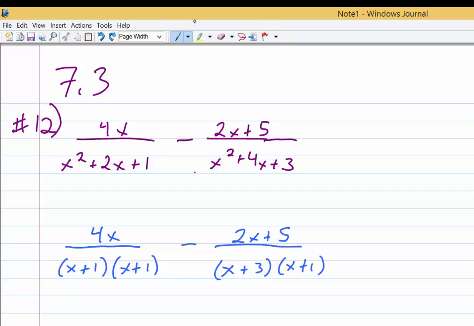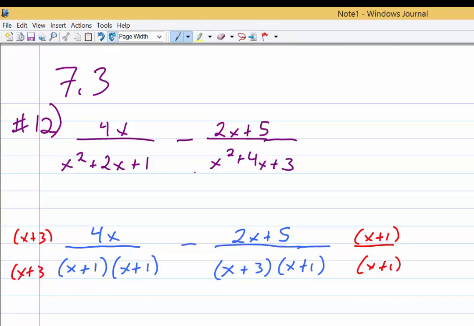So I need to multiply by a form of 1 to get a common denominator. On the right side, I'm going to multiply by x plus 1, and on the left side by what's missing, which is x plus 3.